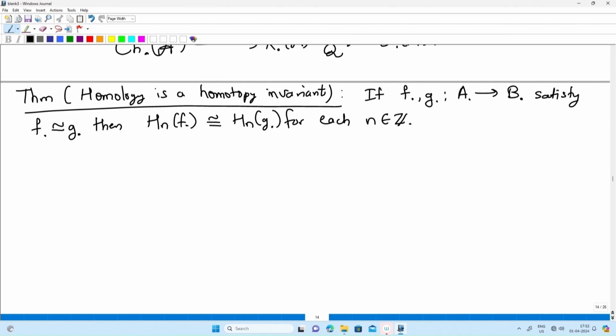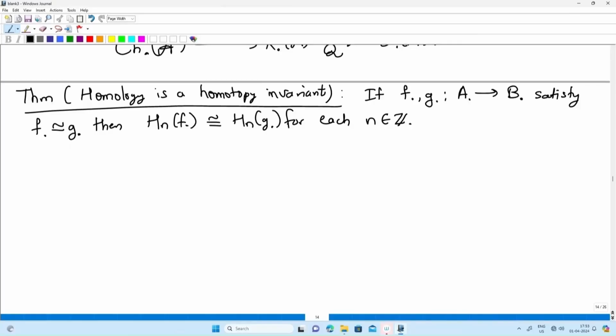Just like in topology, we can also describe when two complexes are homotopy equivalent. In topology, we are given topological spaces X and Y. From X to Y we have a map F, and from Y to X we have a map G. If G composed with F is homotopy equivalent to identity of X, and F composed with G is homotopy equivalent to identity of Y, then we say that X and Y are homotopy equivalent.